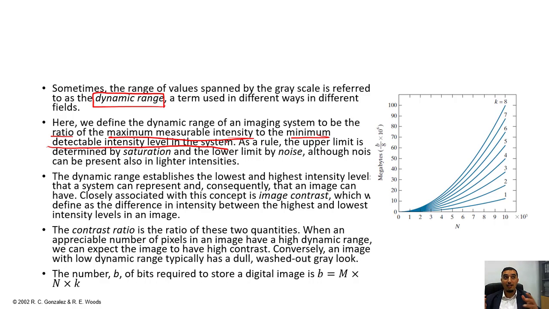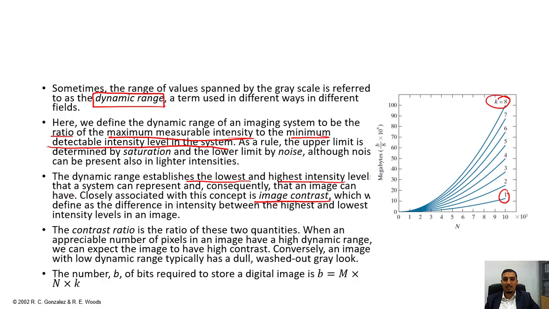So if the dynamic range is high, this means your intensities are spread very wide in the range. As you can see here, if you have k is equal to 1, your intensity will be low. If you have k is equal to 8, then your intensities are high. So the dynamic range establishes the lowest and the highest intensity levels of a system, closely associated with the concept of image contrast.